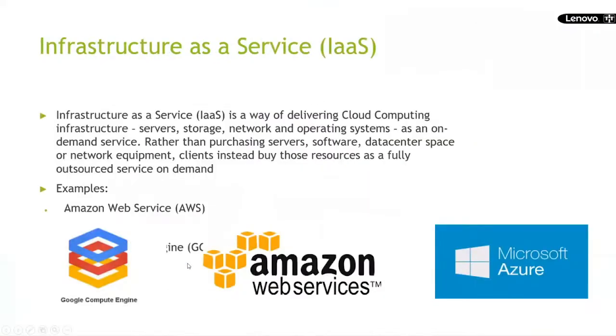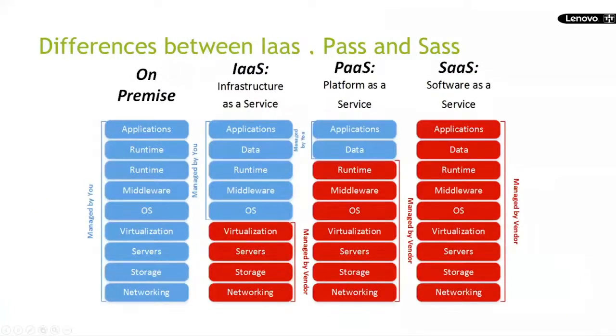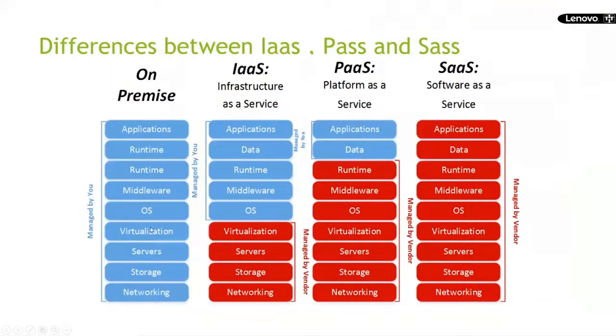Next, this one slide is enough to differentiate between on-premises and cloud. In on-premises, as I said, networking, storage, virtualization, OS installation and configuration, management, runtime, application deployment, everything we have to take care of.